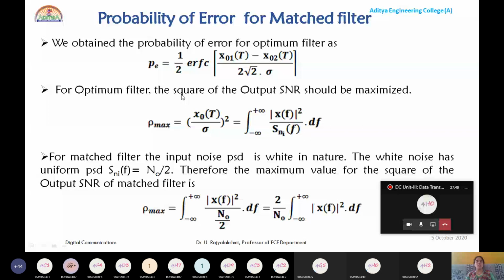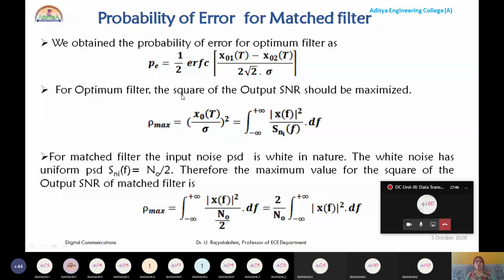So this is a square, this is not the output SNR. This is the SNR squared, so while substituting the corresponding value in the expression, you should apply a root to this rho. The root of rho max will be substituted here to get the probability of error for the particular system.